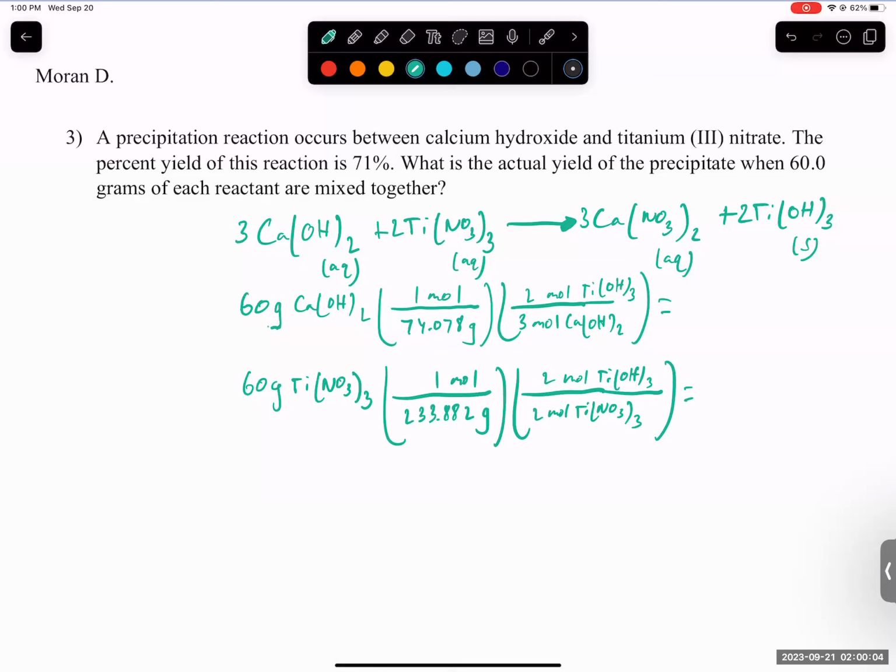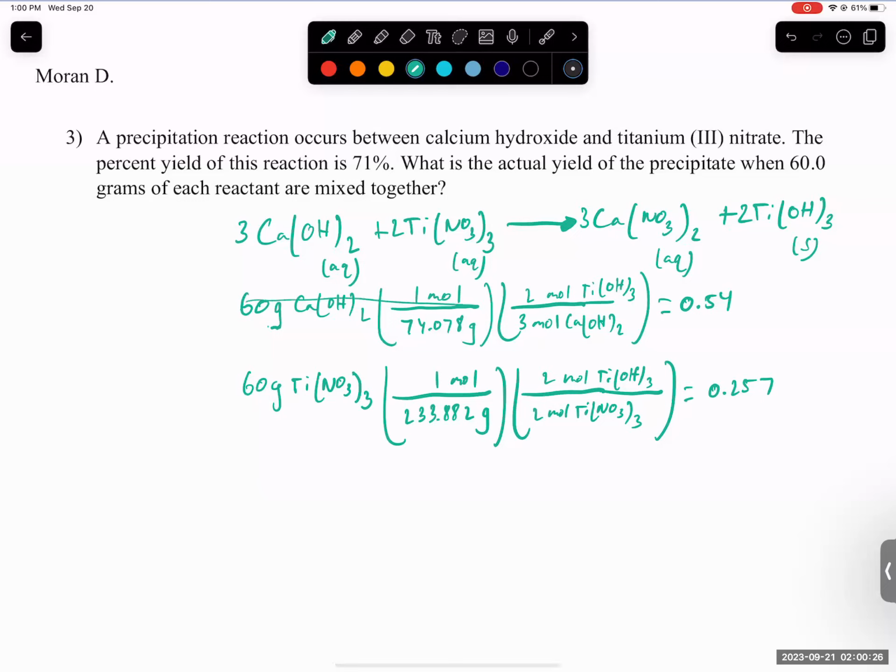The titanium hydroxide, some people say, is the limiting reactant. Do you all agree with the majority? Yes, titanium hydroxide is indeed the limiting reactant.